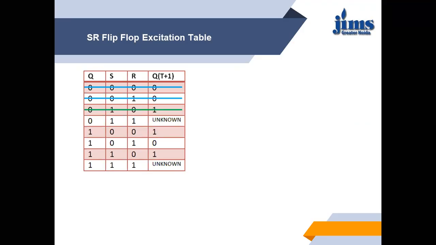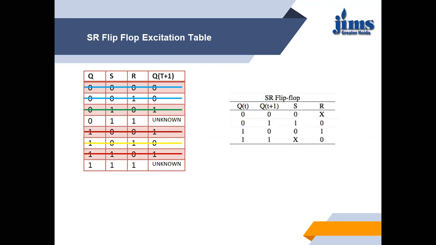Again, we find the next combination whenever Q is 0 and Qn plus 1 is 1. So the condition is that S equals 1 and R equals 0. Another condition is whenever present state is 1 and next state is 0. So the input combination S, R is 0 and 1. And the next combination when present state is 1 and the next state is 1, we see that S is changing 0 to 1 and R is constant 0.